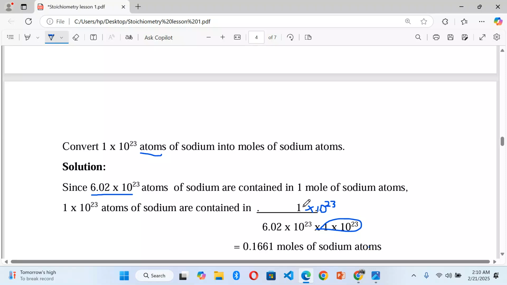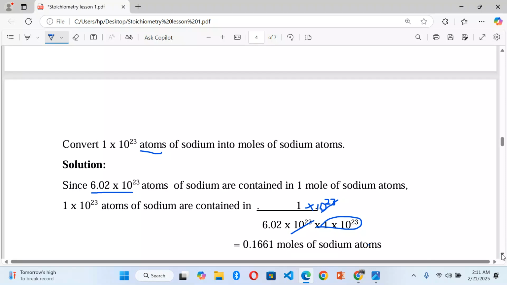At the end of it all, the 10 to the power 23 is going to cancel with that, and then we'll be having 1 over 6.02. You can put it in your calculator and see whether you get 0.1661 moles of sodium atoms. So that will be our answer.